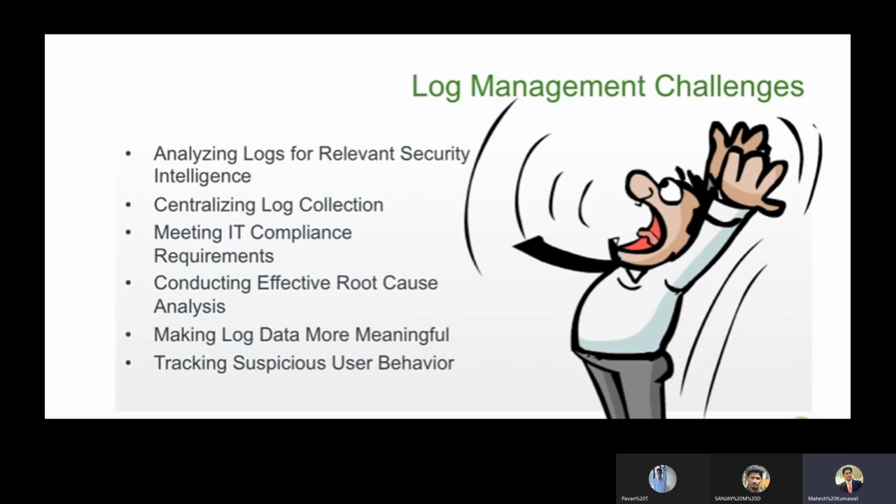Okay, so this is what you are going to get as the log management challenges. The matter of fact, guys, the compliance, if it's a PCI DSS based company, suppose you are working at Uber, or suppose Pawan is working at Uber and Sanjay is working at Amazon.